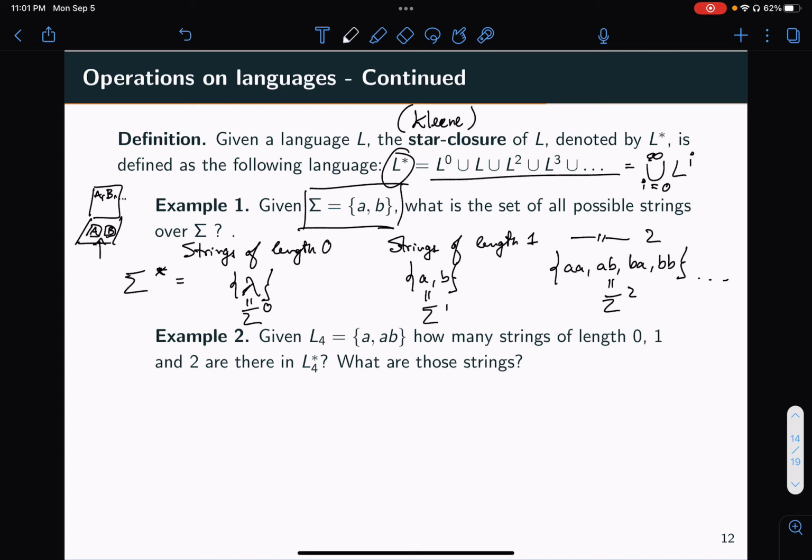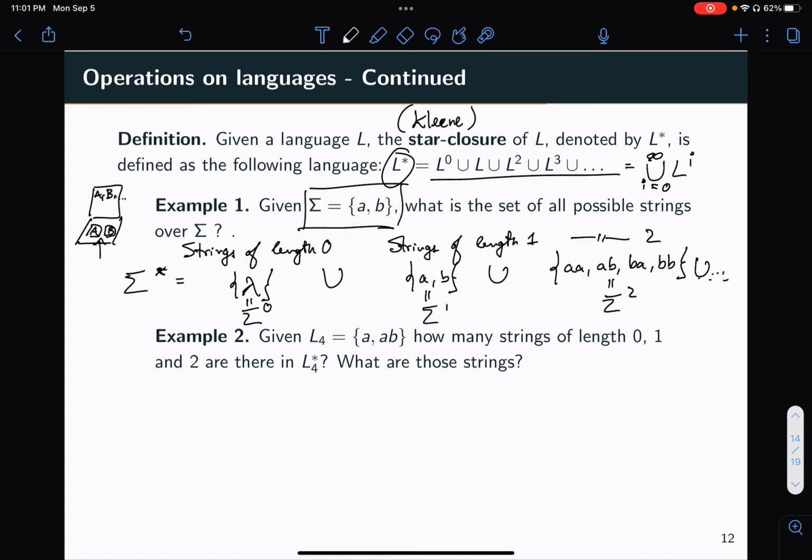It's going to be sigma star, which is the set of all possible strings of length 0 over sigma, union the set of all possible strings of length 1 over sigma, union the set of all possible strings of length 2 over sigma, and so on.